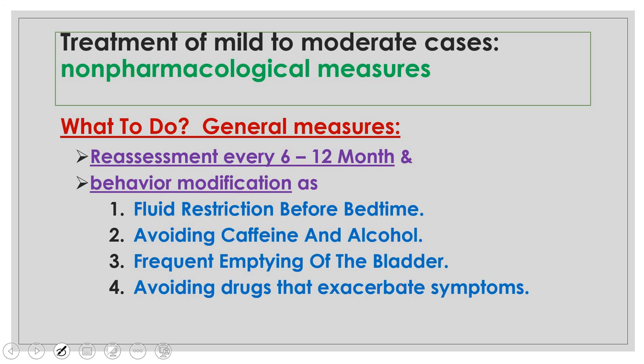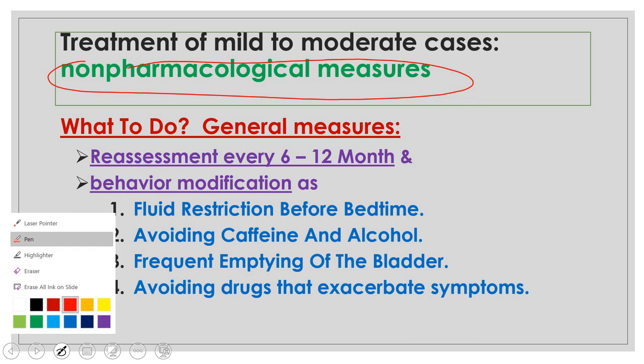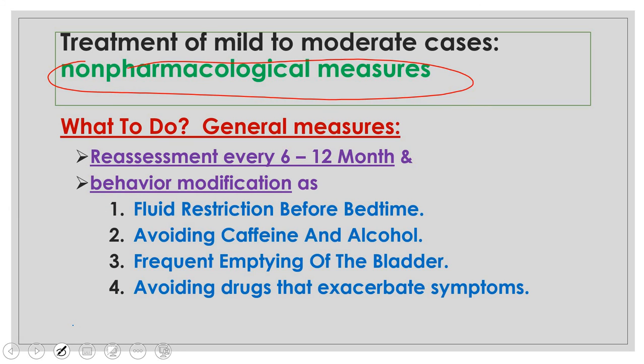So now the treatment. In mild to moderate cases, usually non-pharmacological methods are advised. What do they include? You avoid fluid restriction. It is mostly related to the behavior of the patient, control over behavior.